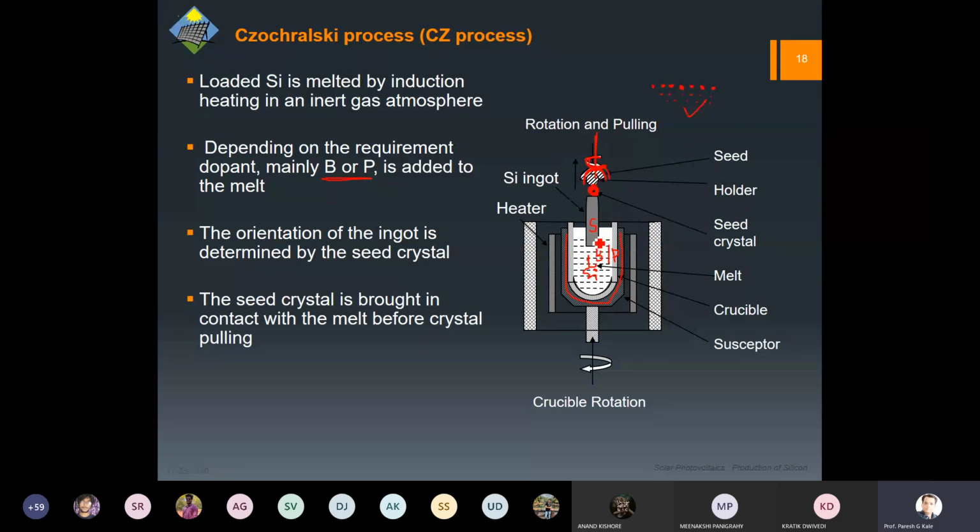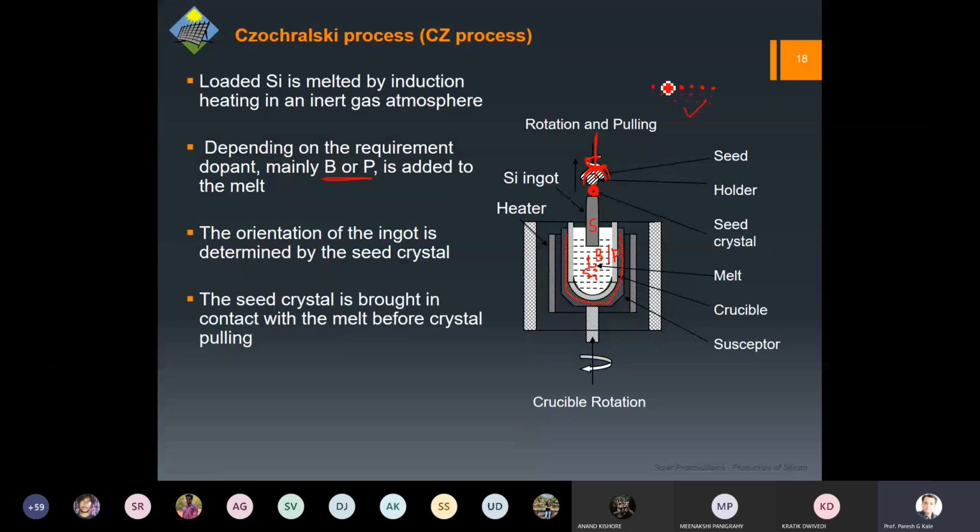This seed will initially be lowered. It will touch the melted silicon, and the seed controls how the molten silicon gets attached to it and how it will sit.